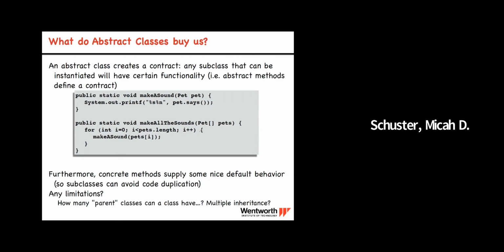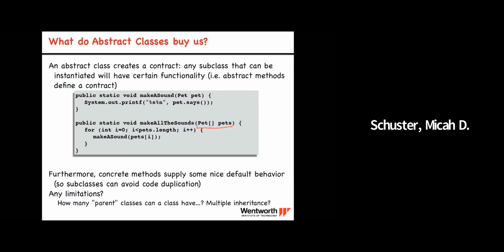And that's the same idea for this second one. The second one also calls make a sound, but notice it's an array of pets, and we did the array of pet stuff previously. We could put dogs and cats in an array of pets. Again, we couldn't say new pet. We can't put any actual pet objects because we can't create it. It's abstract. But we can put dogs and cats in the array.